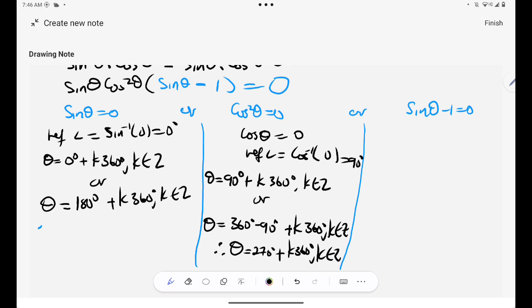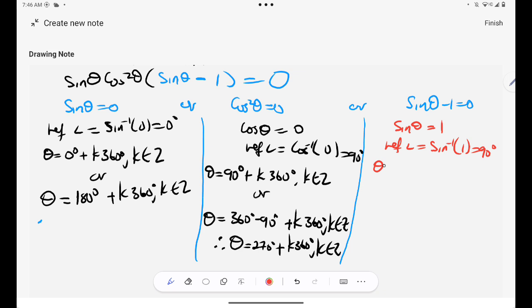Okay, and then the final one, let me write it in red. I have sine theta is equal to 1. My reference angle is just sine inverse of 1, which will give me 90 degrees. So I'll just substitute, I'll just represent the reference angle where sine is positive. So I'll simply say theta in the first quadrant, just write angles as they are.